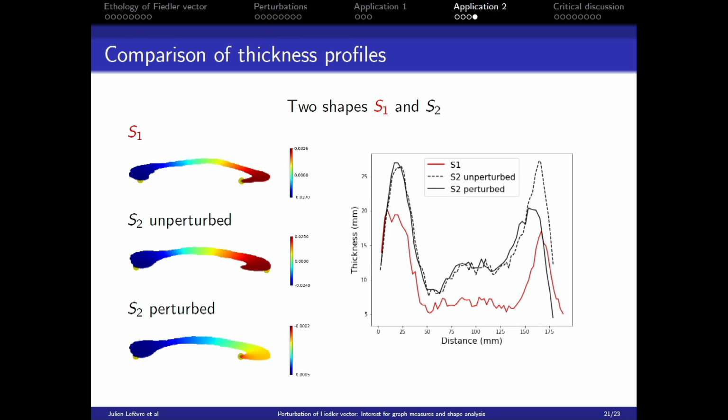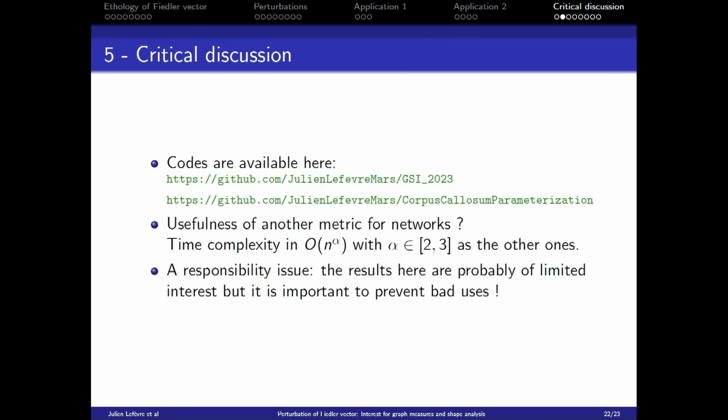So my colleagues were happy with that, and we are publishing something more extensive on a larger cohort with interesting results. Now, just to conclude, and to say a few words of critical discussion: if you want to reproduce what is presented here, the code is on GitHub.